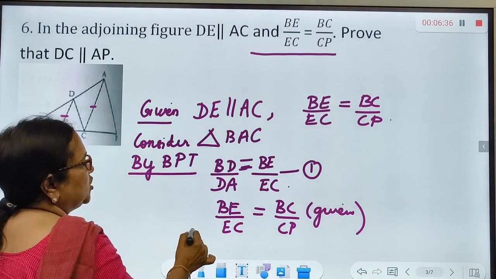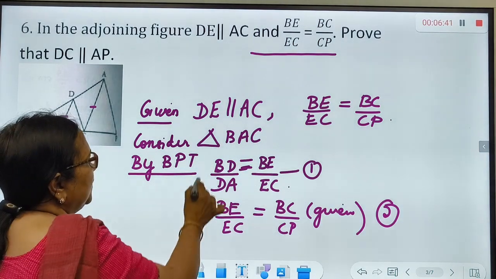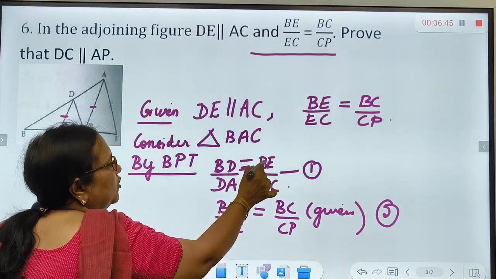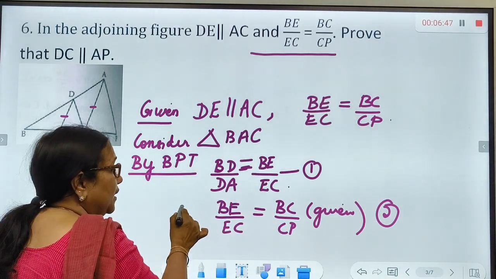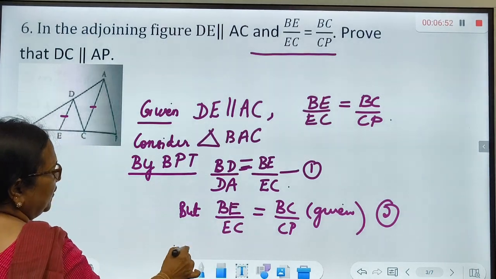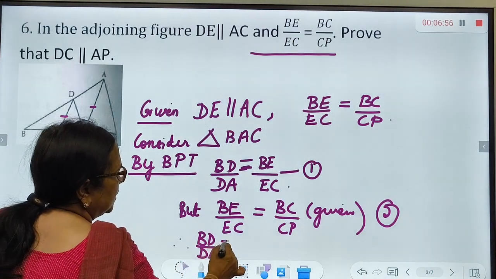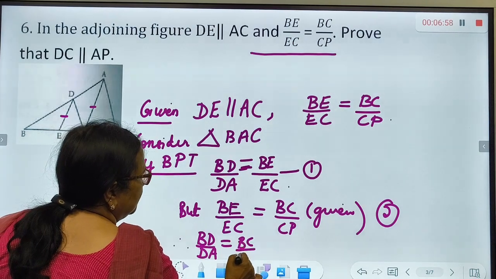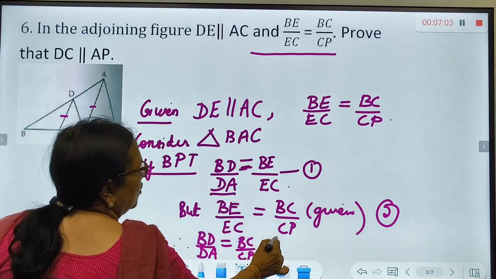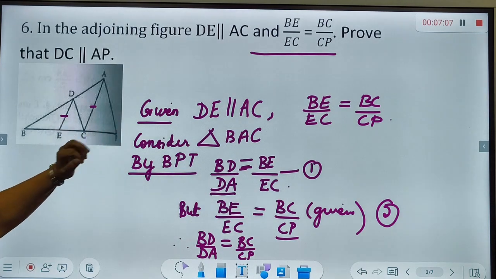Combining 1 and 2, we'll call this 2. So BD by DA equal to BE by EC, but BE by EC is equal to BC by CP. Therefore, BD by DA is equal to BC by CP. That is what we wanted to prove.